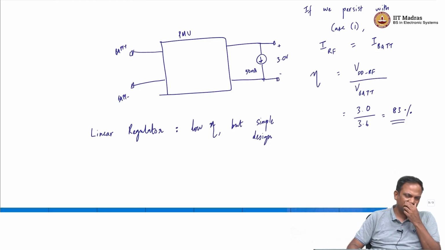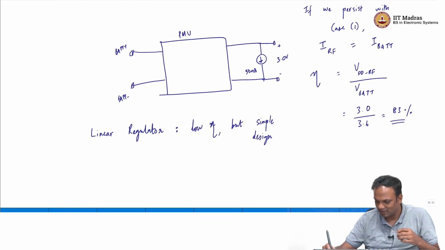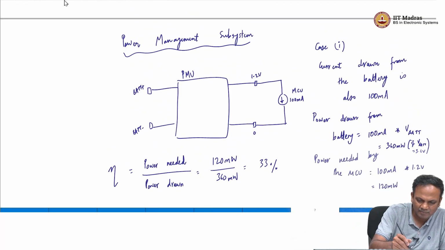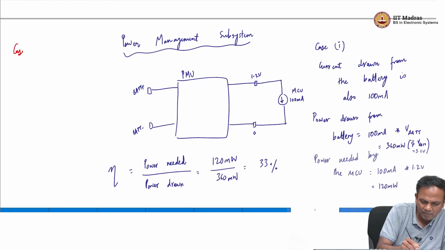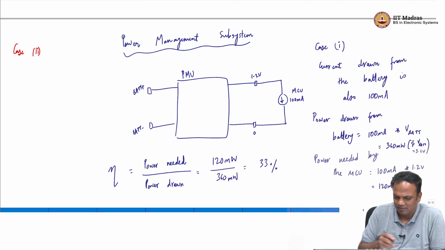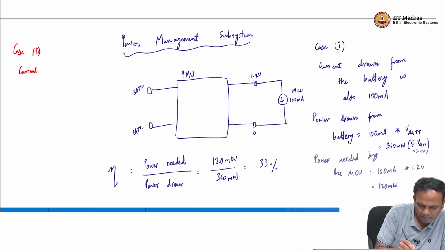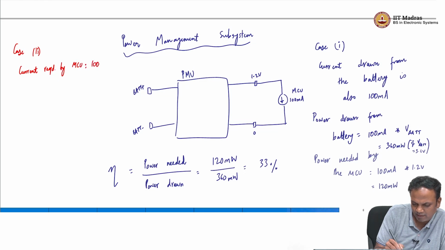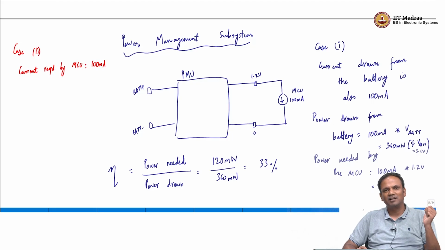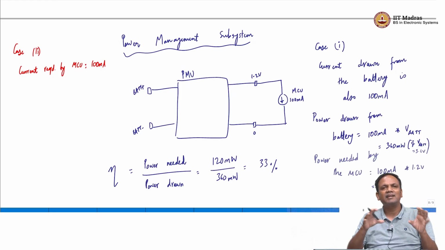The other option is to say, let us go back here. You can argue that the current required by the MCU is 100 milliamp. Now, my battery is at a much higher voltage. So, what if I keep my battery connected?